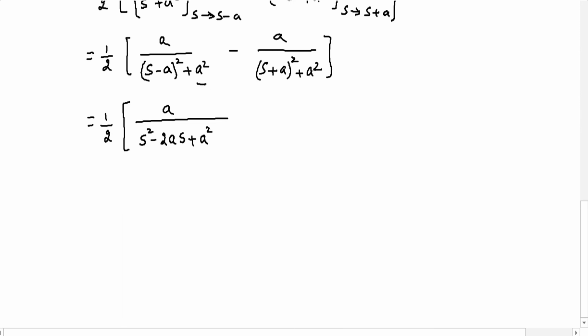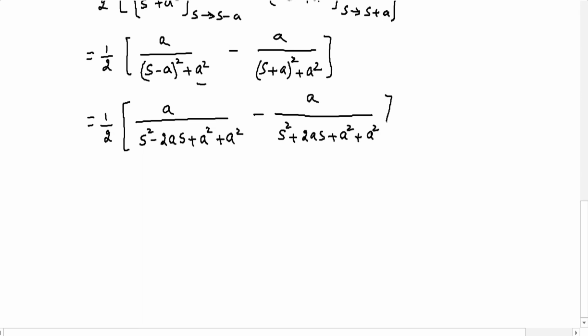Then this term plus a square will remain as it is. Then minus this a value as it is, whole divided by the denominator, you have s plus a whole square. So it is a plus b whole square form. It is a square plus 2ab, or 2as, plus b square will be here a square plus the next term a square as it is.